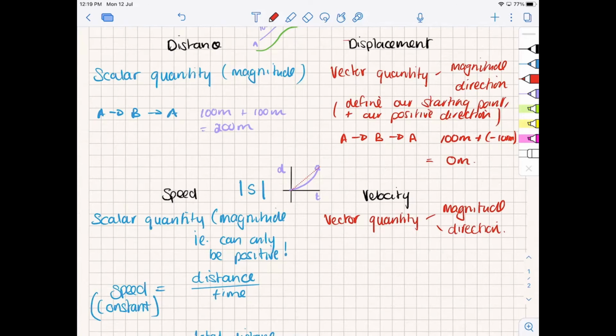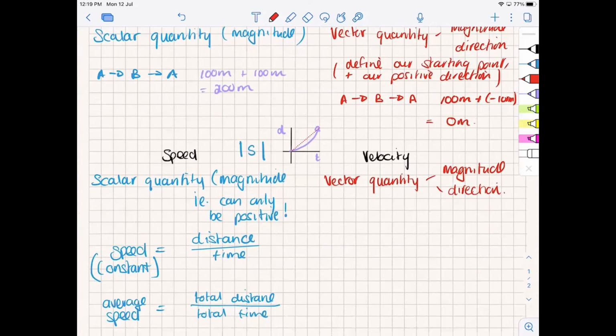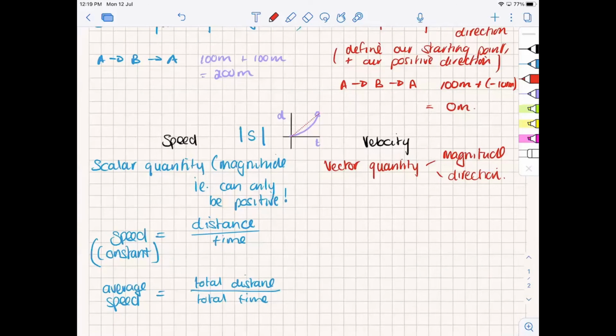So if you have a look on page 4 of your textbook, if we compare velocity and speed, you can see that in the same way that we can calculate speed with distance over time, velocity is just equal to displacement over time.